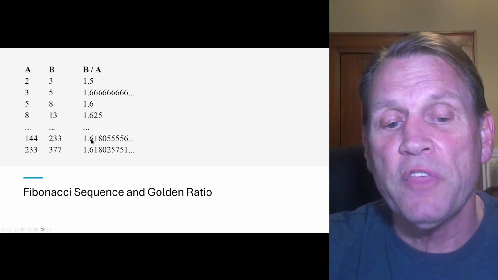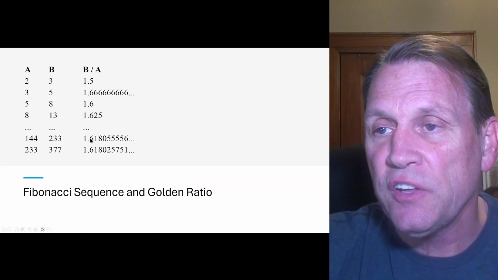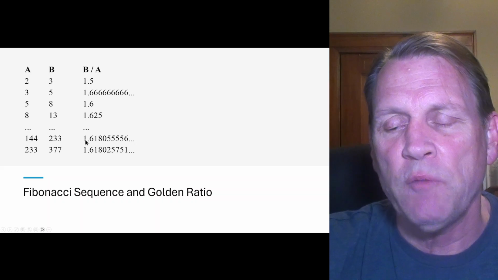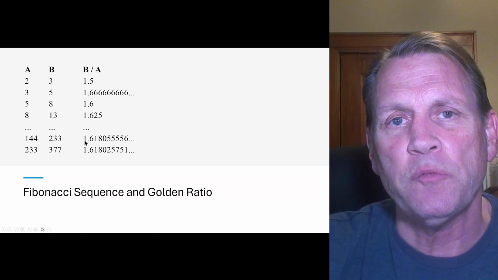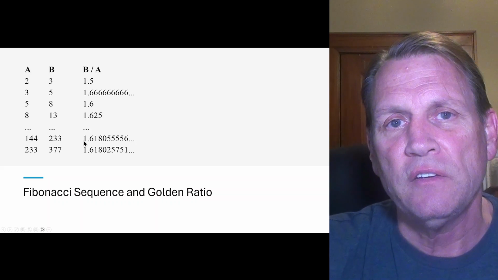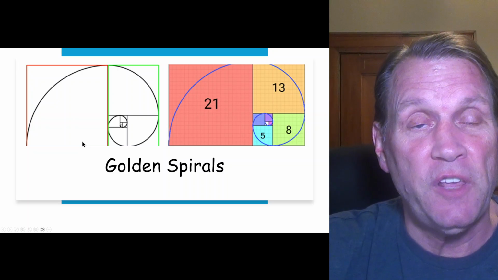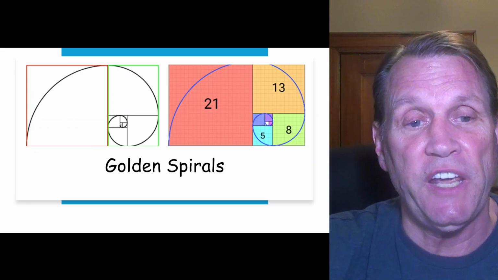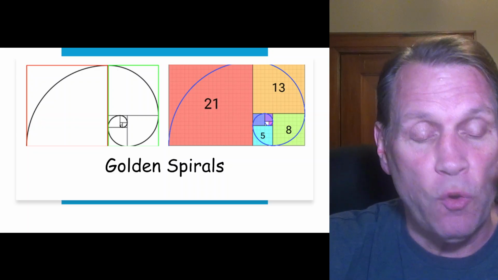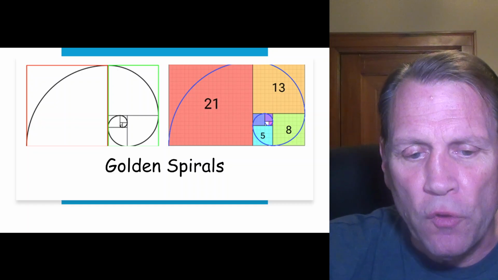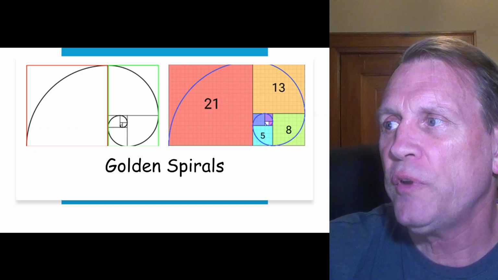And so from there, mathematicians can calculate all sorts of additional relationships, and most importantly, we can use that information to calculate the golden spirals. These are, of course, beautiful, and they do show up in nature. They are logarithmic spirals whose growth factor equals the golden ratio.